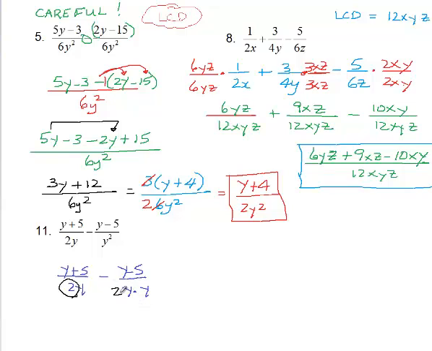I'm going to have to multiply this by 2. Of course, if I multiply the bottom by it, I must multiply the top by it. Since there are 2 y's in this one, y times y is y squared, then I need 2 y's in this one. So the trick is to make your denominators the same.